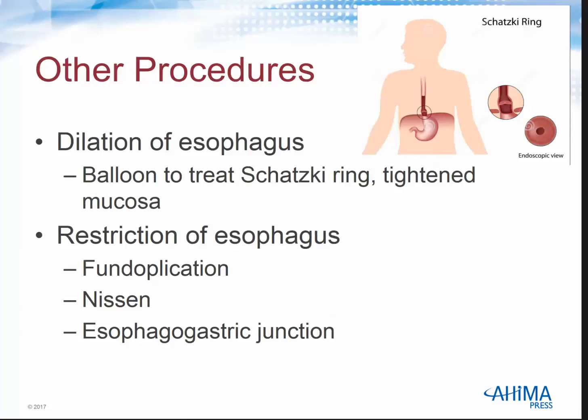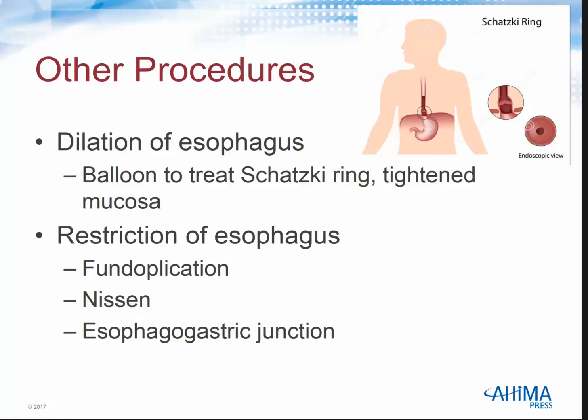Also in your textbook, she talks about dilation of the esophagus and other procedures. There are different kinds of dilation of the esophagus; sometimes it depends on what's going on with the patient. She also specifically mentioned something called a Schatzki's ring. This is not a device, and this is important. I want to point this out because you need to understand this before you tackle the graded assignment for this particular lesson.